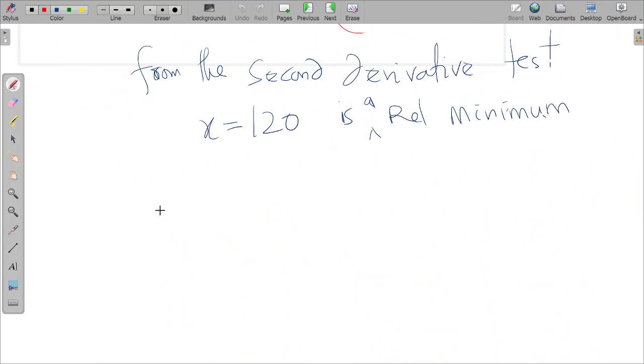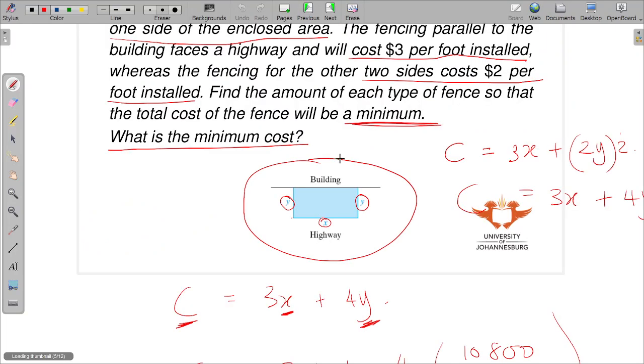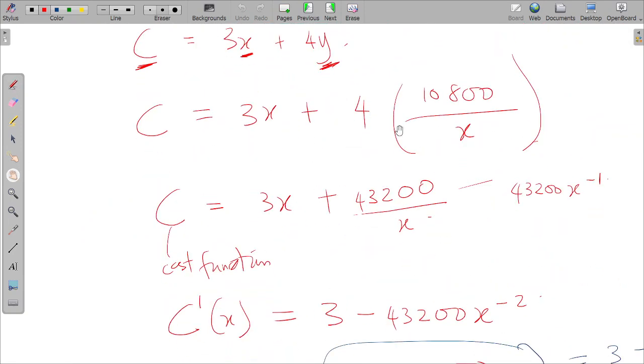Then let's now find the minimum cost. To find the minimum cost, you use the function C of x, the function we derived before. You put the value of your x in this function.